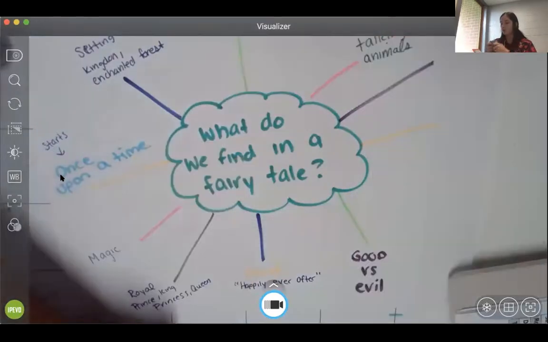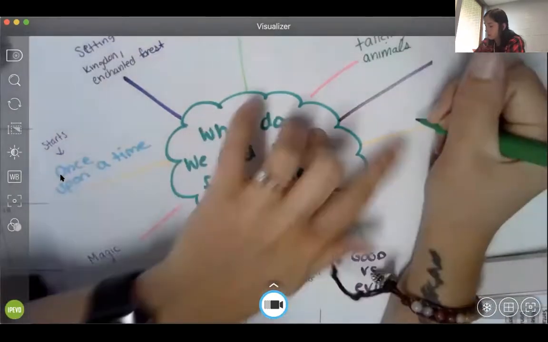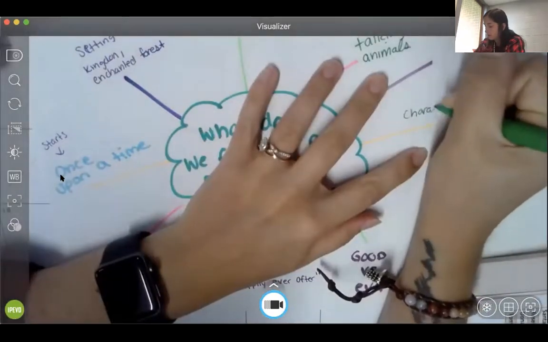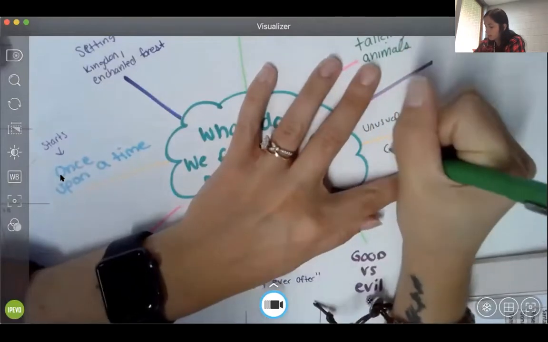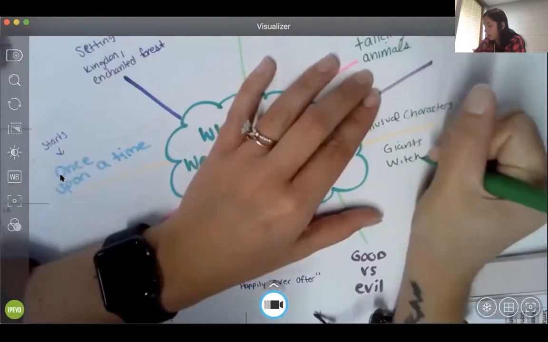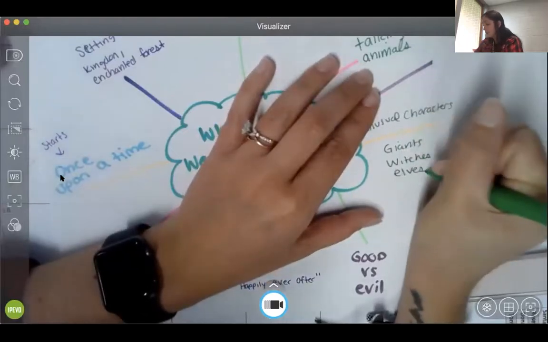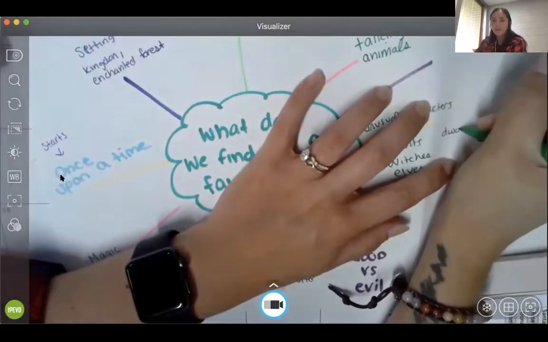So other unusual characters that we could find maybe are giants, witches, elves, what else? Dwarfs, like Snow White and the Seven Dwarfs.